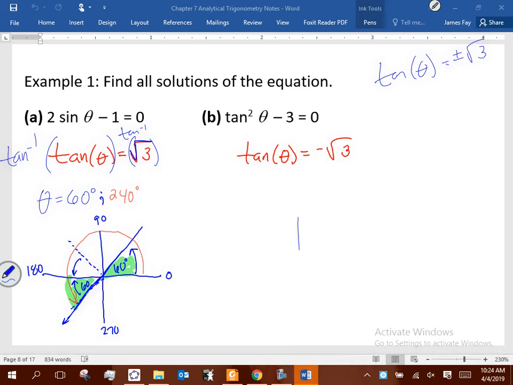Because it reminds me that, yeah, you've got something else to do over here, okay? And it's really the same process, but now I'm going to generate a different angle. When I type in tangent inverse of negative root 3, that's going to be negative 60 degrees. Okay? Is that all right there, everybody?